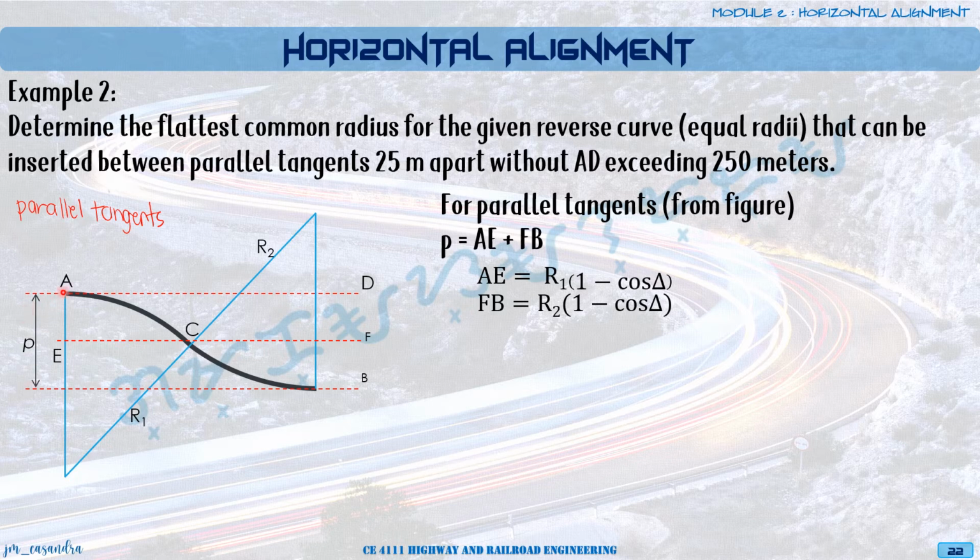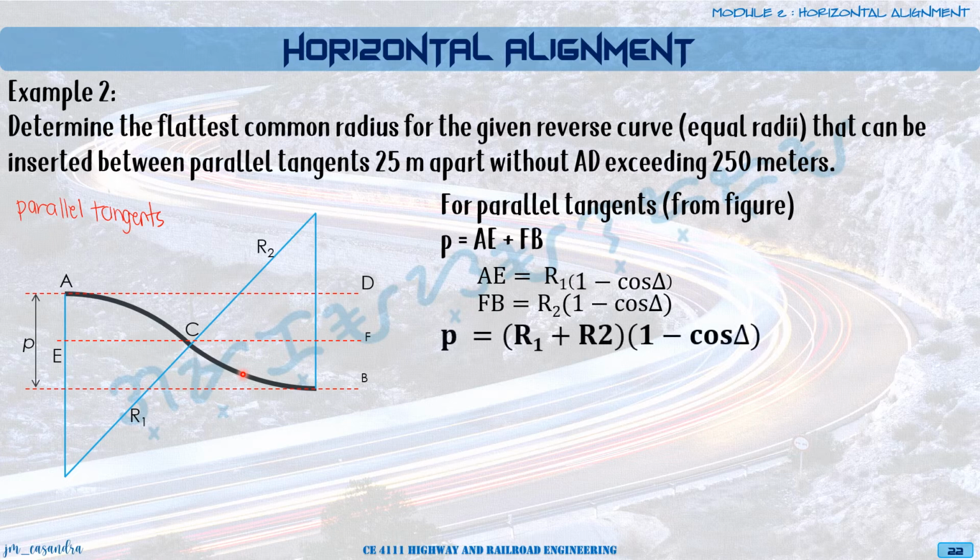We have T, which is simply equal to AE plus FB, wherein AE is computed as R1 times 1 minus cosine of the central angle, and FB is equal to R2 times 1 minus cosine of the central angle of the curve.